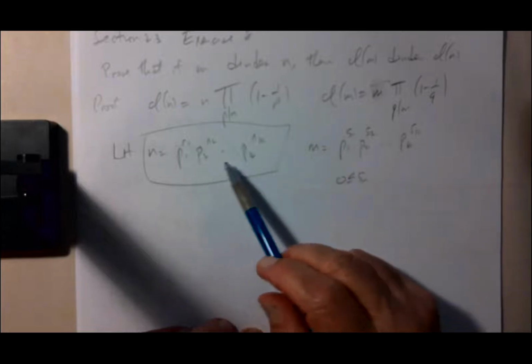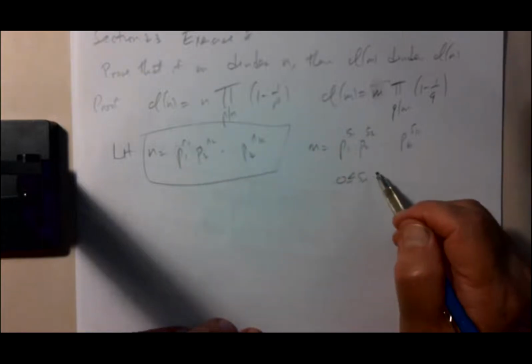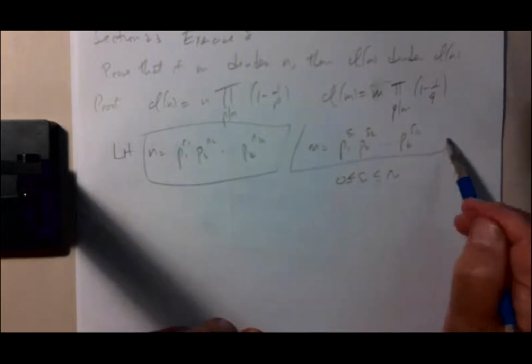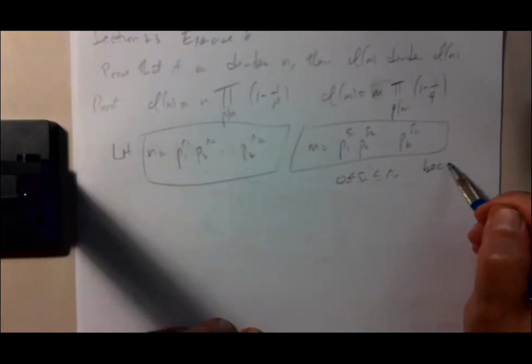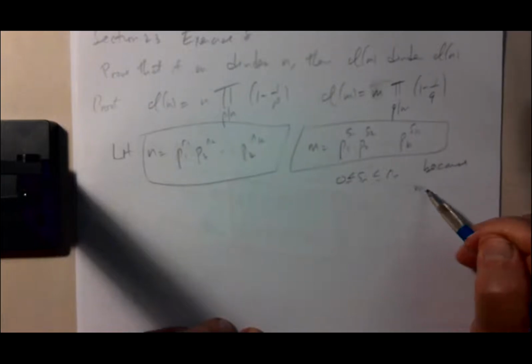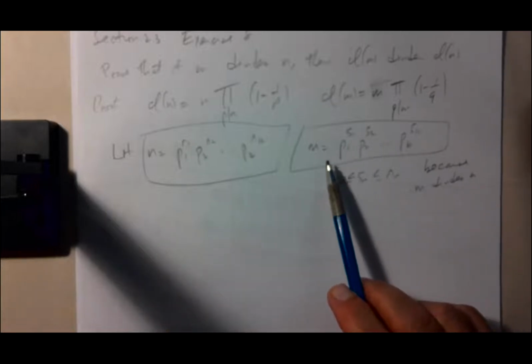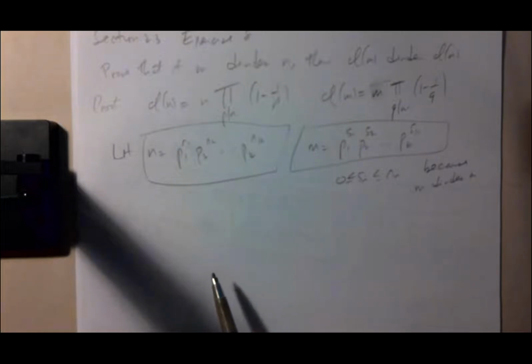It could be there's a prime that divides N that doesn't divide M, but si can't be any bigger than ri. This is because M divides N. Every prime power that divides M has to divide N.